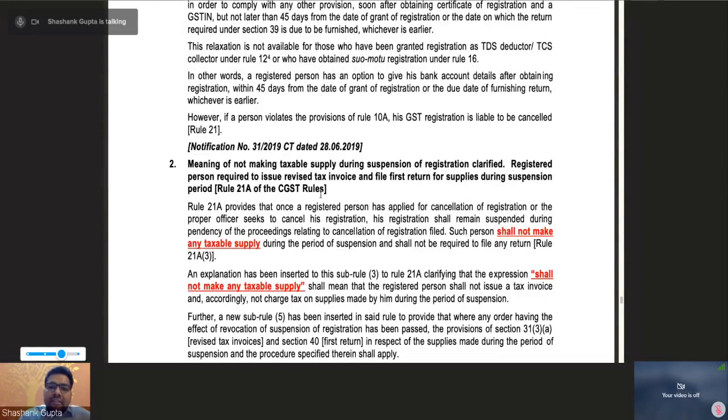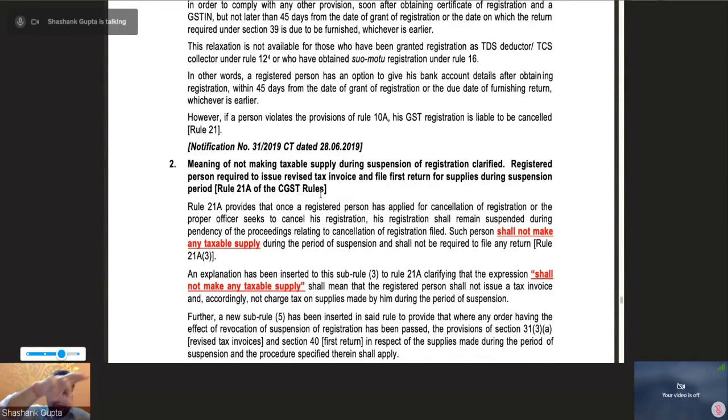In such a case, for the period between applying for cancellation and rejection by the proper officer, the person will have to file the first return. So what is the first return? As is applicable in case of a new registration.